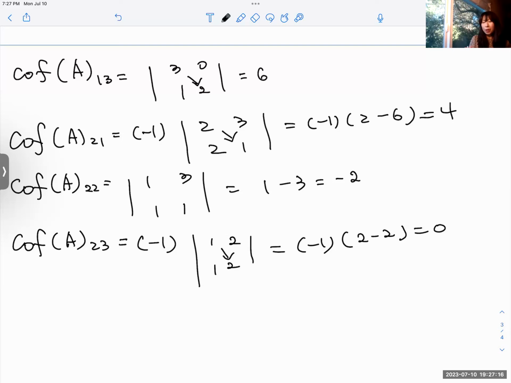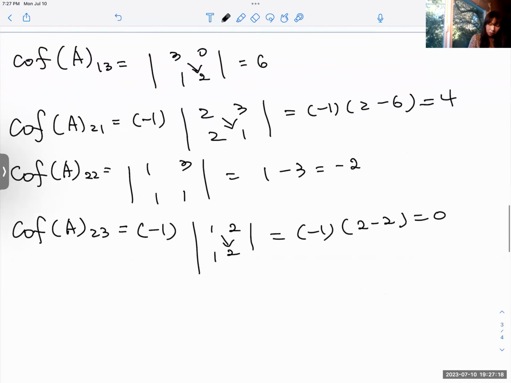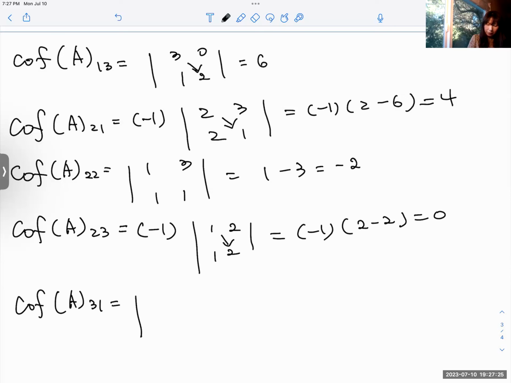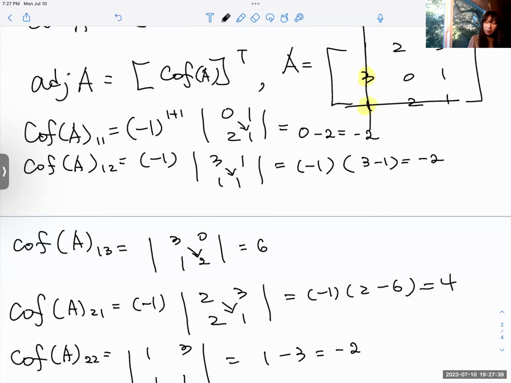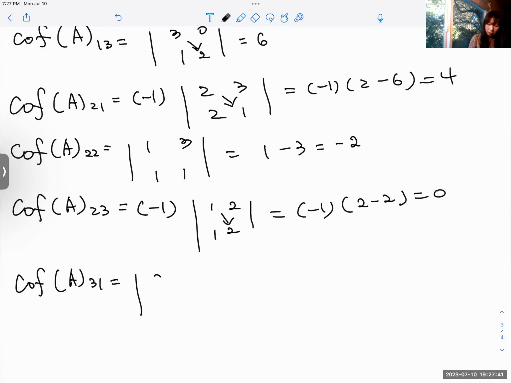We move to row 3. Cofactor of A, 3, 1. So negative is positive. And then 2, 3, 0, 1. All right, so we have 2.